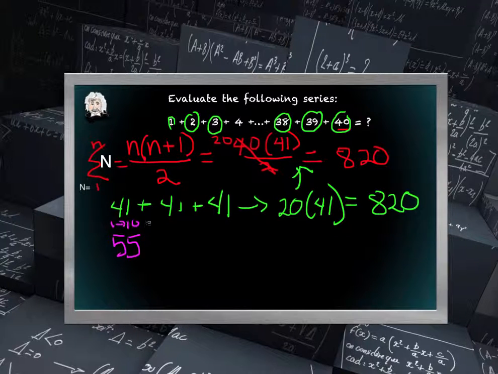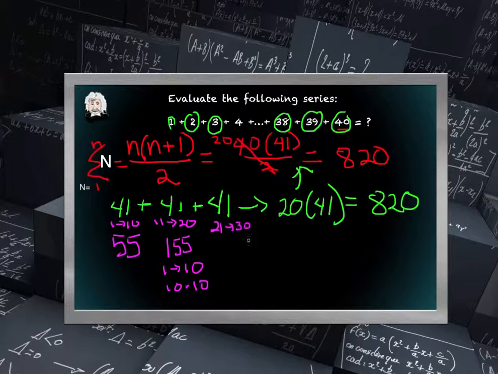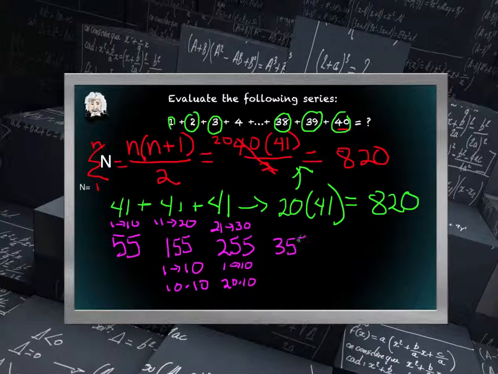Likewise, we know 11 through 20 will be essentially that same 1 through 10 plus 10 times 10, or 155. And 21 through 30 will again be effectively that 1 through 10, which is 55, plus 20 times 10, which becomes 255. And so on, I would get 355 for 31 to 40.